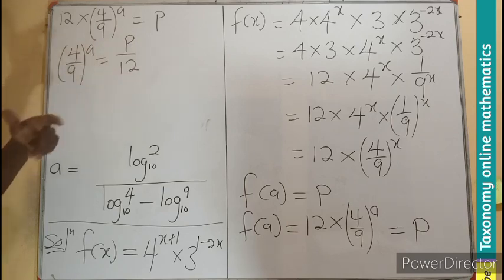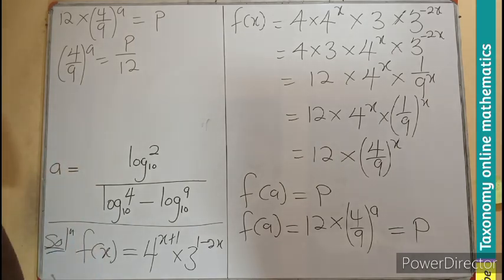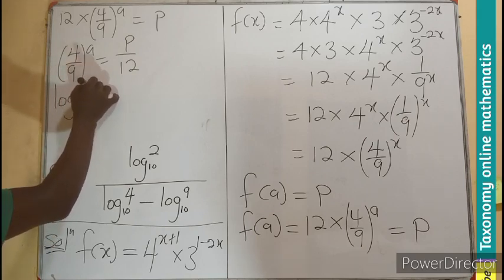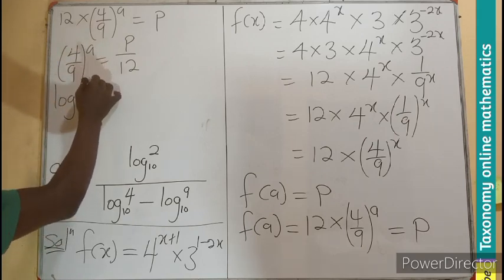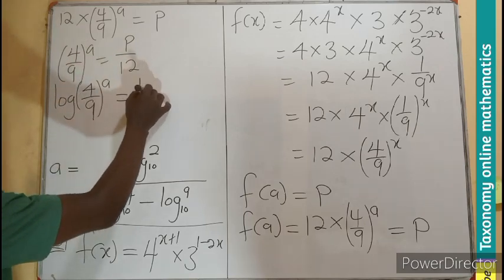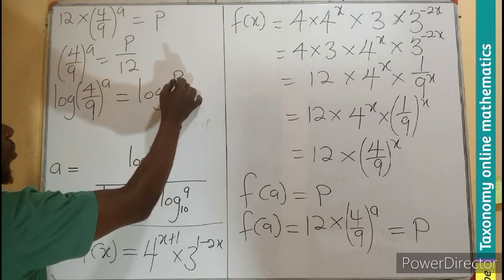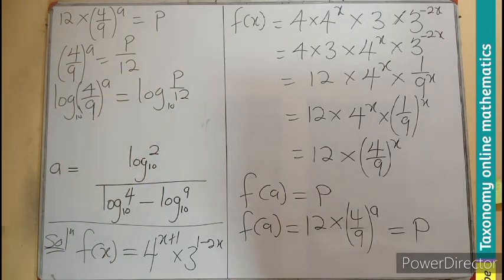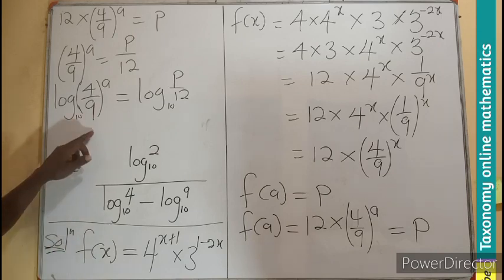Let's take logarithm of both sides. So we have the log of 4 on 9 exponent a equals the log of p divided by 12, to the base 10.